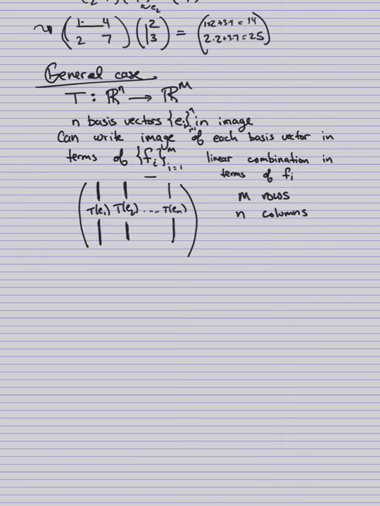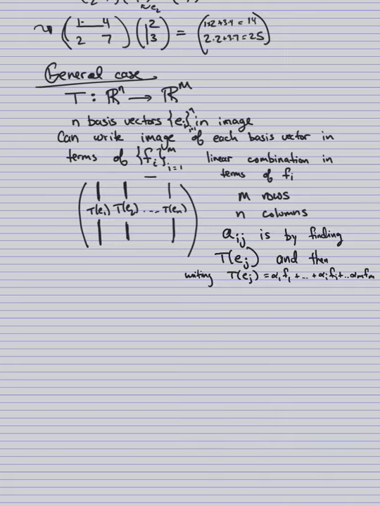And to be precise, the way that I get the ijth entry in this matrix, so it's the ith row, jth column, is by finding T of ej, and then writing it out as alpha 1 f1 plus, I'll write it here, alpha i fi up to alpha m fm, and then I take alpha i.